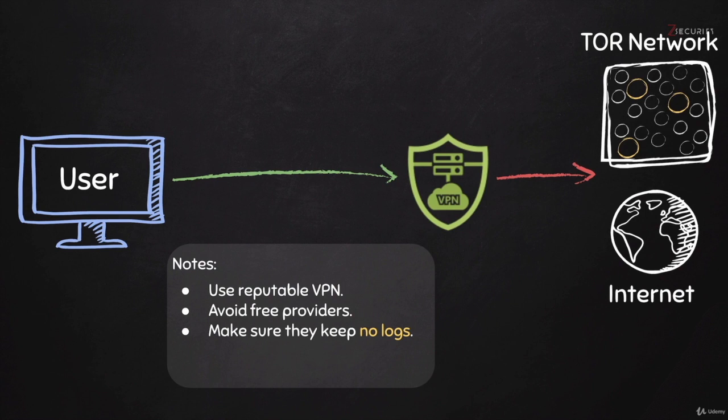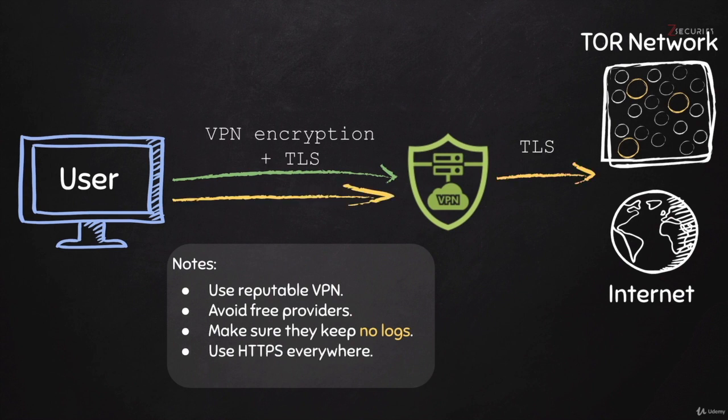And with keeping all of these things in mind, with picking a reputable provider, avoiding free ones, and making sure that they keep no logs, also use HTTPS everywhere. This really solves the problem of having a VPN here. Even if you trust them, even if you think this company will never do anything bad, will never keep logs and analyze your traffic, when you use HTTPS everywhere, you're adding another layer of encryption. So your connection between you and the VPN provider will be secured by two layers of encryption.